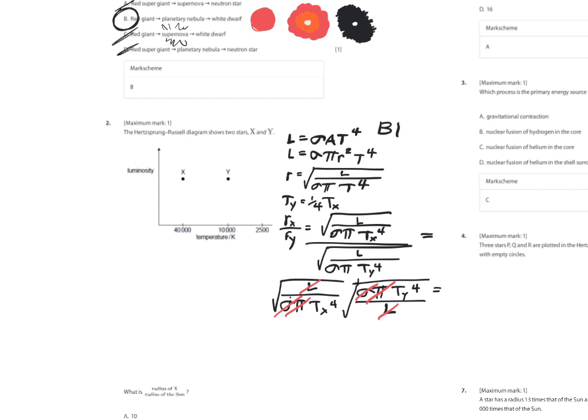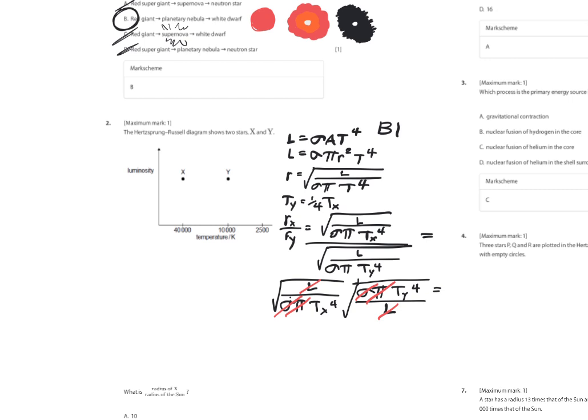And so the ratio of x to y in terms of radii is the radical of L over Stefan-Boltzmann times pi times the 4th power of x temperature, divided by the same fraction on the bottom for y. If you are dividing radicals, it's the same as multiplying by the reciprocal, same thing for fractions.